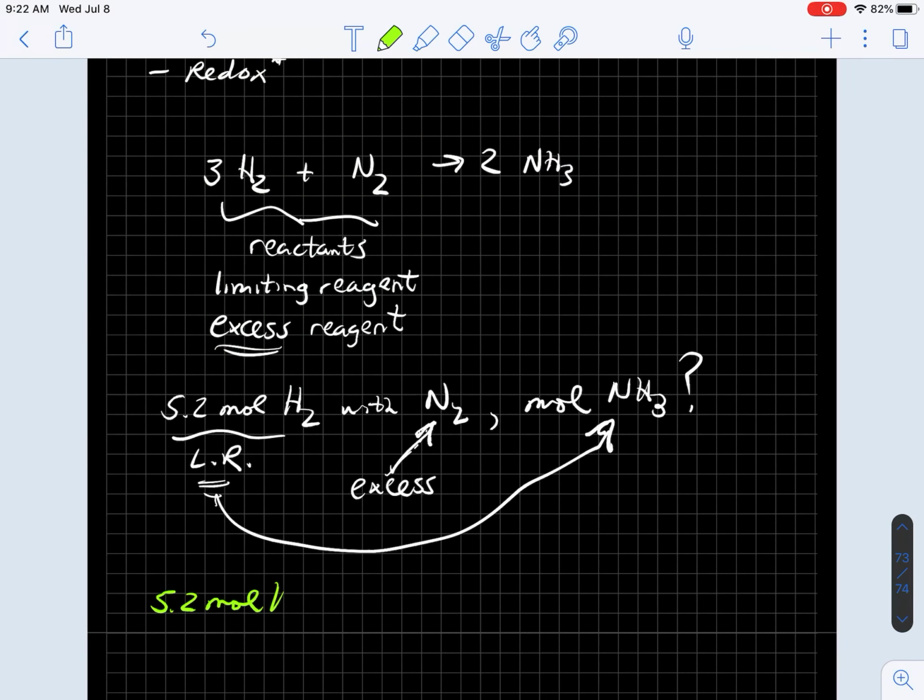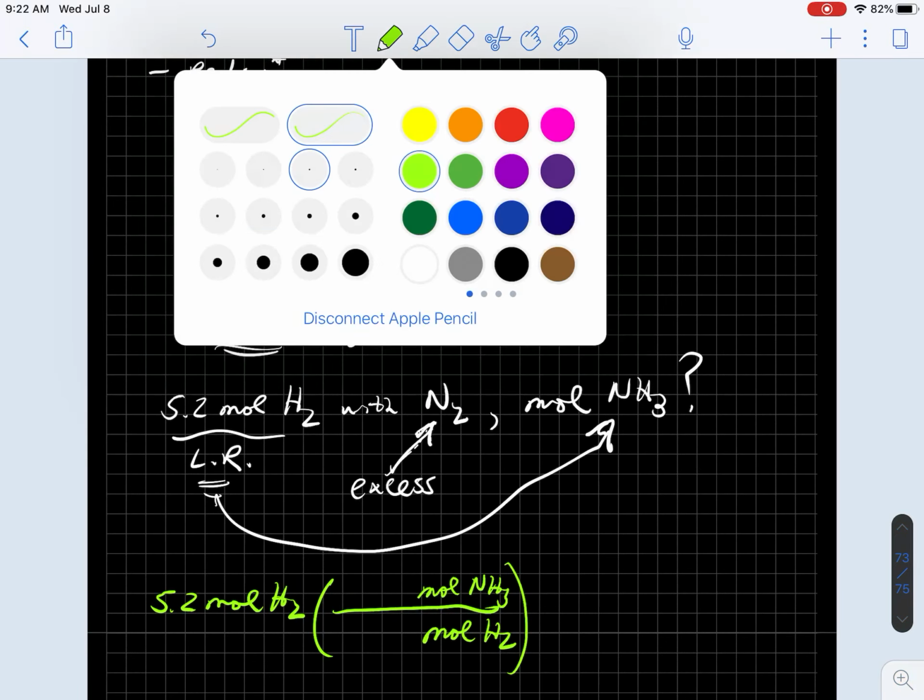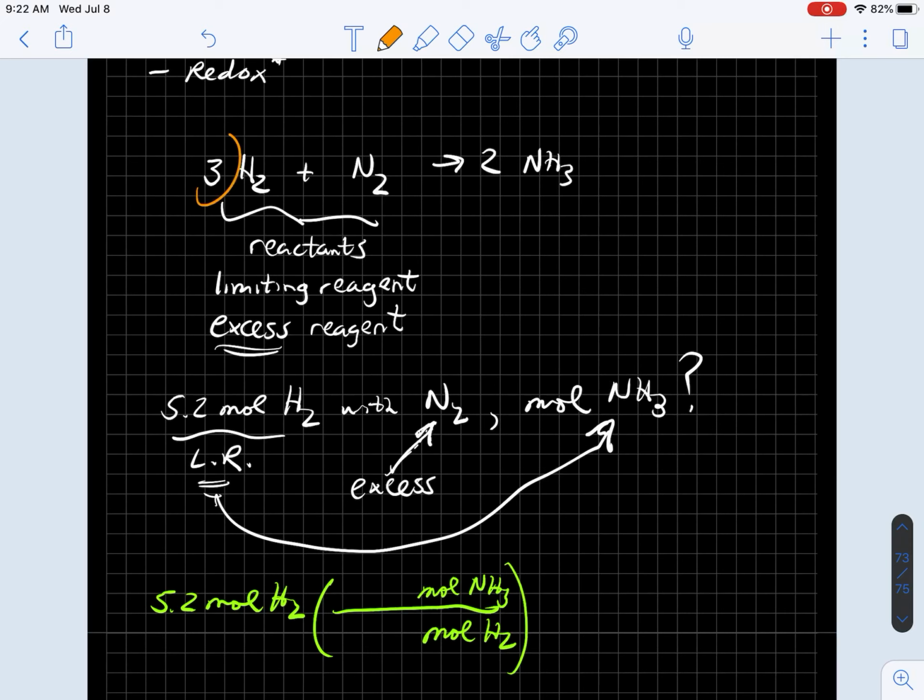So I'm going to use the technique that we learned. I'm going to start with what they give us, 5.2 moles of hydrogen. And I'm going to set up a conversion factor, moles of hydrogen. Now, if I want to find out moles of ammonia, will the balanced equation tell me that? And the answer is yeah, of course it will. Let's take a look. We have 3 moles of hydrogen, we have 1 mole of nitrogen, and we have 2 moles of ammonia.